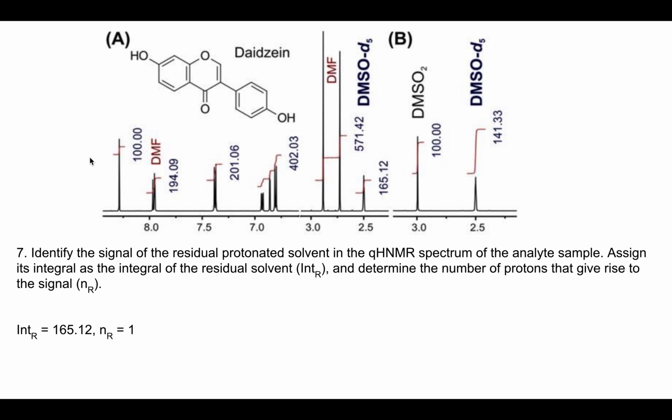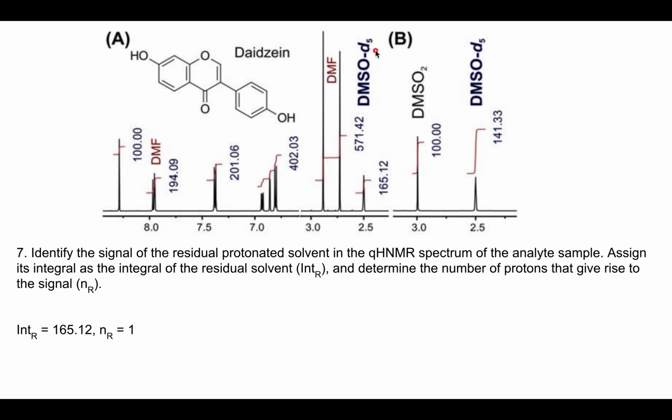Step number 7 says to identify the signal of the residual protonated solvent in the proton NMR spectrum of the analyte sample. Assign its integral as the integral of the residual solvent and determine the number of protons that give rise to the signal. So in our spectrum A right here, the residual protonated solvent is once again DMSO D5. And remember that typically there would be 6 deuterium atoms.